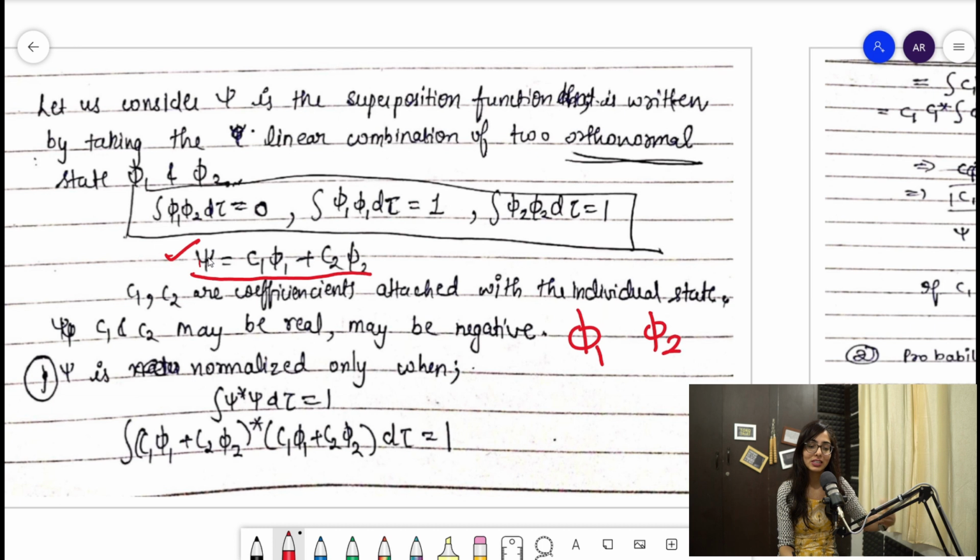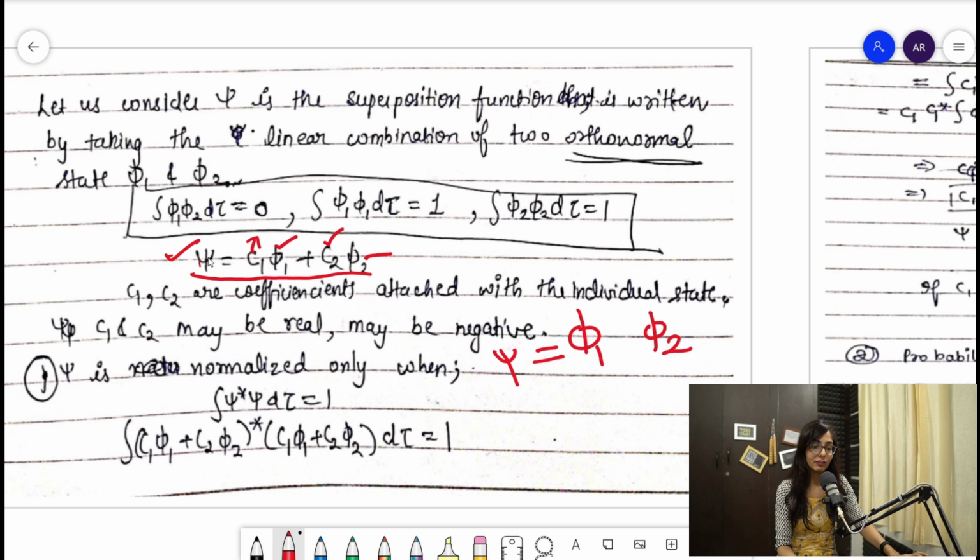If I'm writing the overall wave function, this c1 is the coefficient, that means the probability of finding the particle in this phi1 state. This can be anything, I'm just taking one random example, and this c2 defines the probability of finding the particle in this phi2 state, clear.